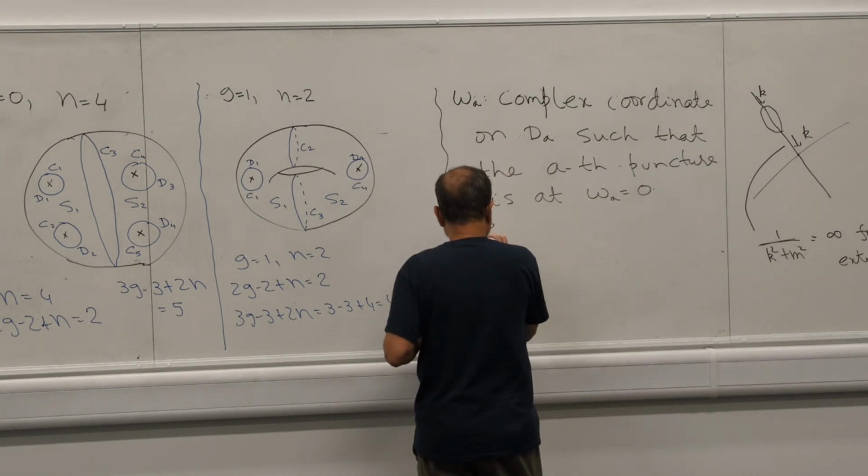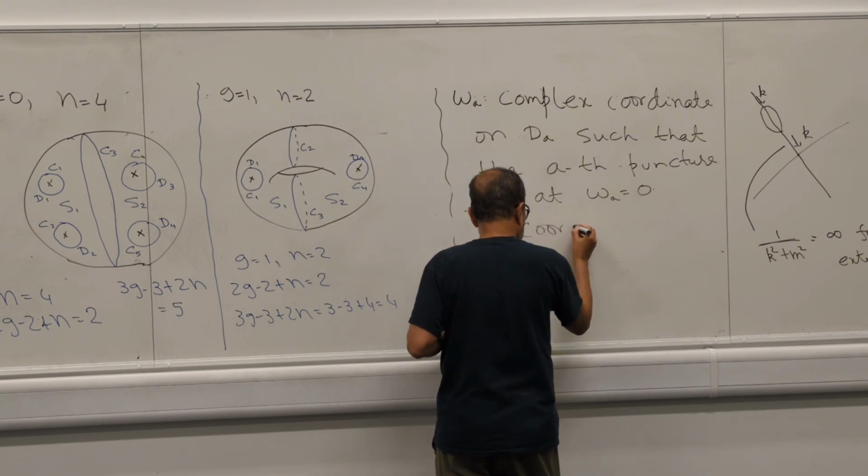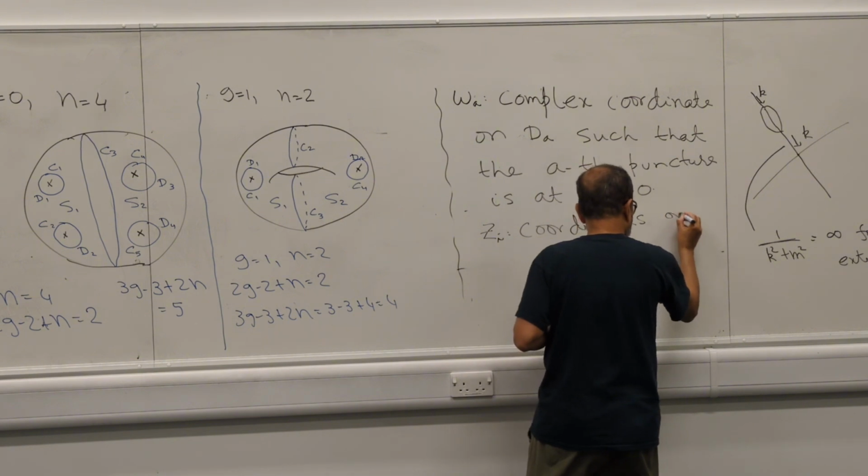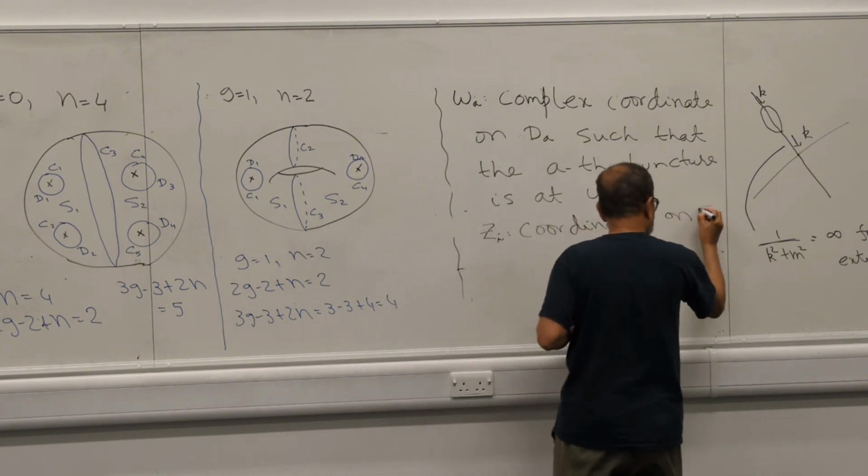Similarly, we can introduce coordinates on the sphere. Zi are the coordinates on the sphere.